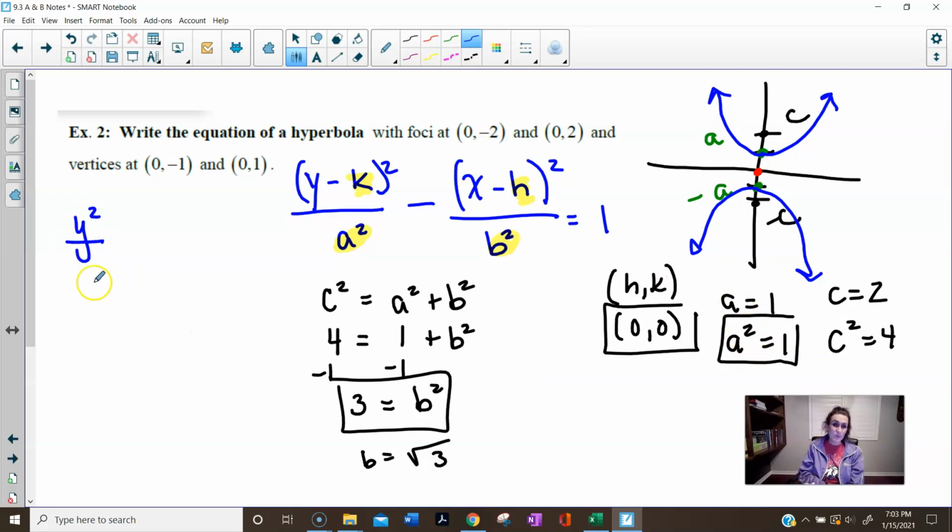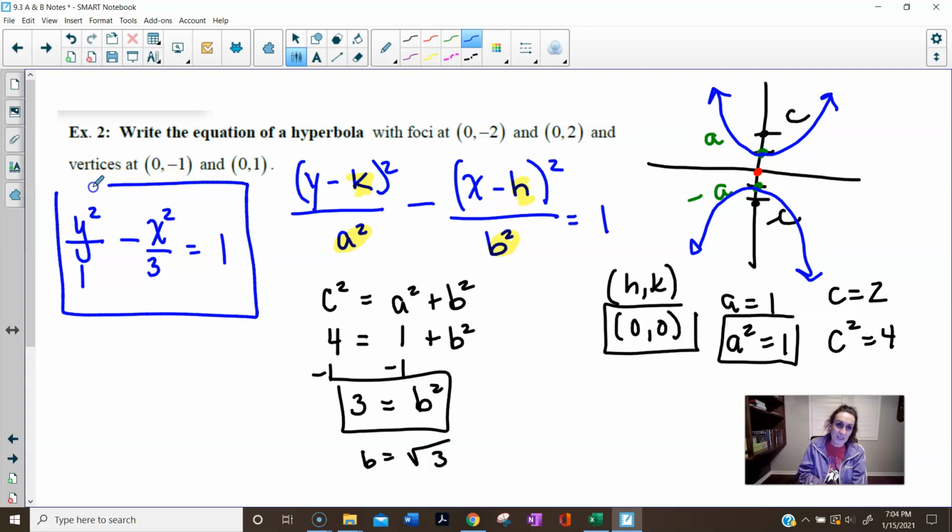Well, a squared is 1, technically you could just write it as y squared because it's the same thing. Subtract. My h is also 0, so I'll just put x squared over, and then I need to know what b squared is. b squared is right here. It was 3, equals 1. And there's my equation of a hyperbola.